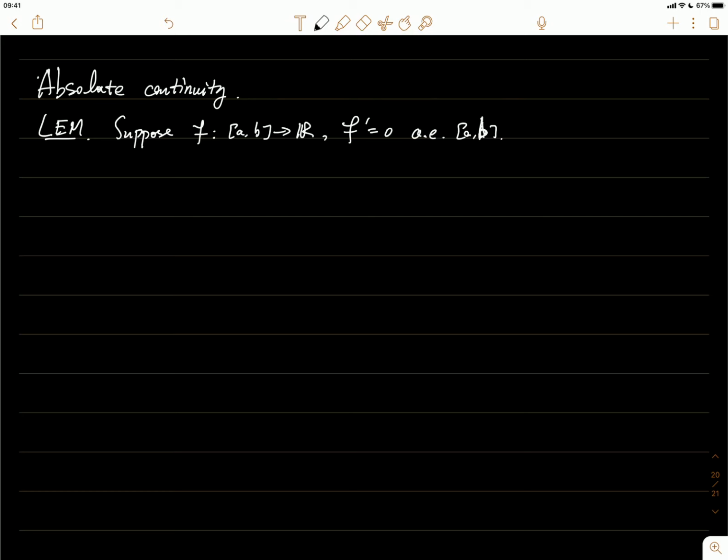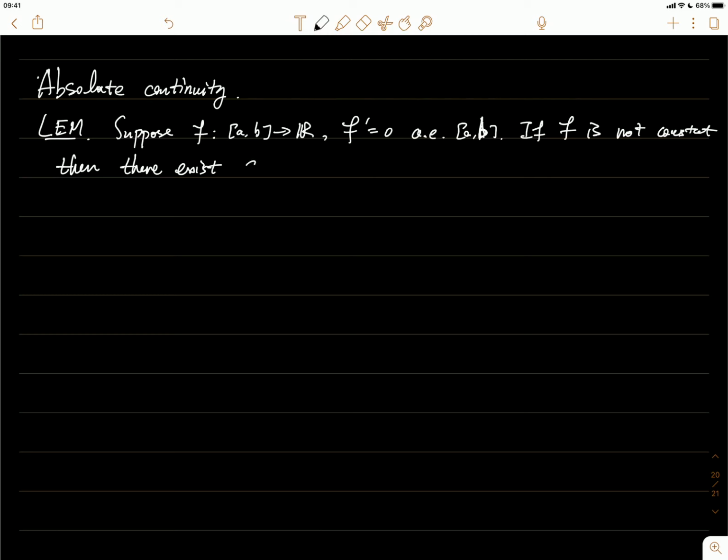Suppose that the function is not a constant. It's not constant almost everywhere. Then there exists... just suppose that it's not constant.